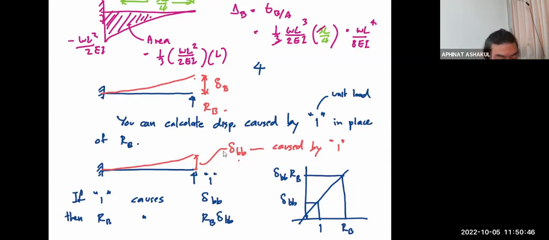If you calculate the displacement due to RB in that term, you will have RB in the displacement. But if you don't want that, you can use 1 and then multiply by RB later.